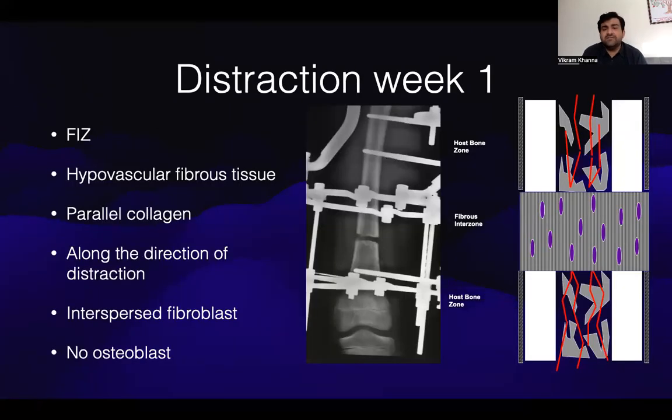Coming to distraction week 1, we see the fibrous interzone present. This is basically hypovascular fibrous tissue, which consists of parallel collagens along the direction of the distraction, interspersed with fibroblasts, and there are no osteoblasts present.